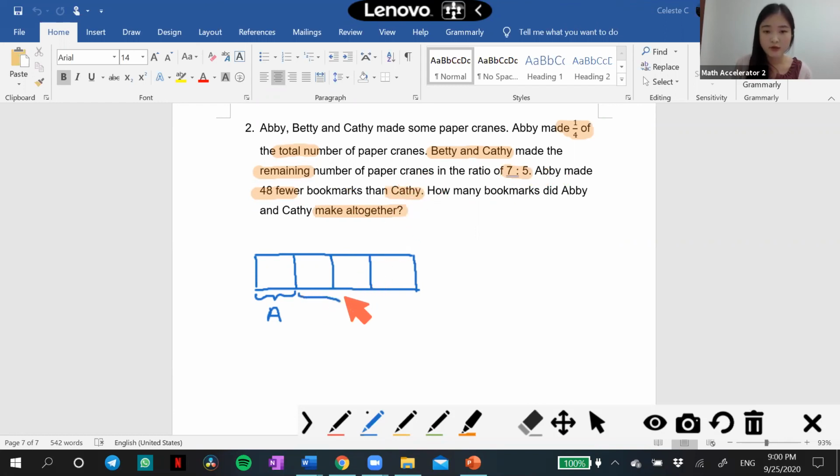So whatever is left of the paper cranes is made by B plus C, Betty and Katie. Right, and we know that their ratio B is to C is 7:5.